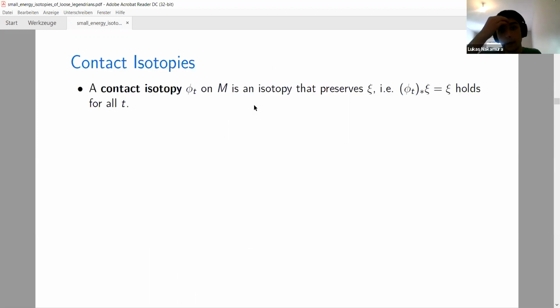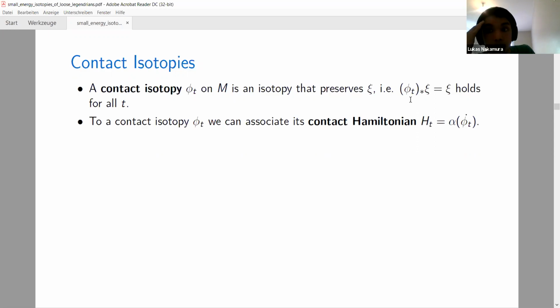Okay, so we are interested in those isotopies which preserve the contact structure, and those are called contact isotopies. And so an important property of these contact isotopies is that we can associate a Hamiltonian. So we take the time derivative of this isotopy, which gives a vector field, and we can act with the one-form on it, and this gives a function.